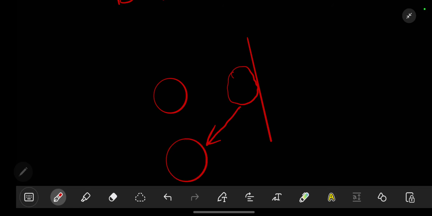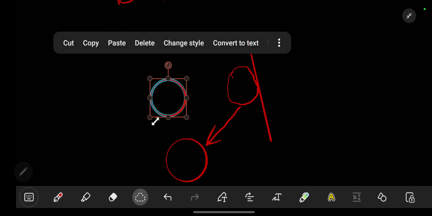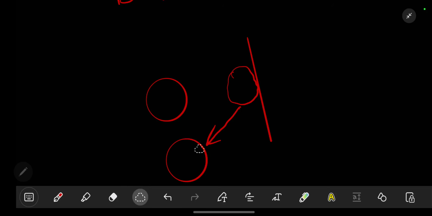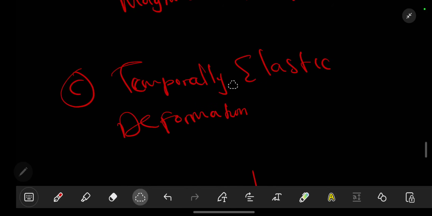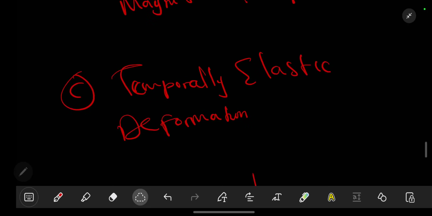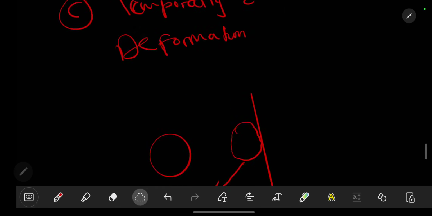So that is temporary, meaning it returns to its original shape and size. That is what we call temporary elastic deformation.